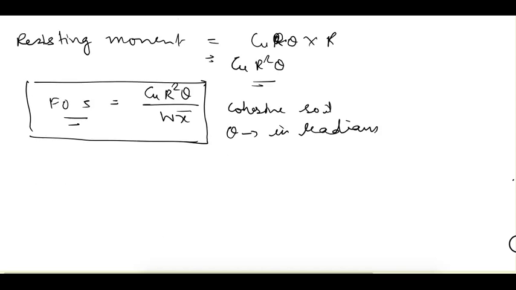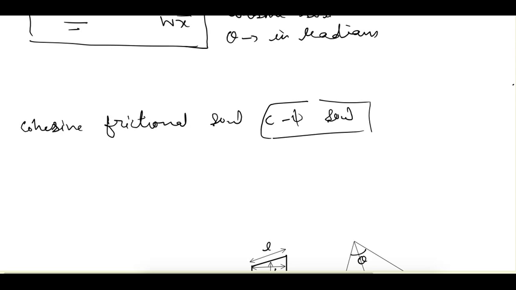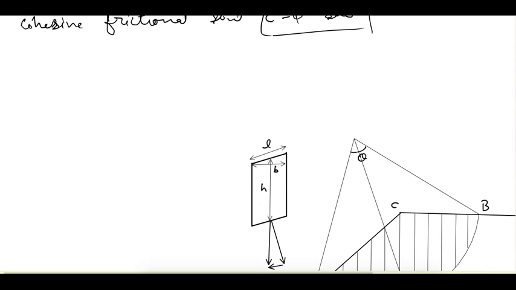Now let's see the cohesive frictional soil. So how do we check the stability in case of cohesive frictional soil? That is c-phi soil. For this we use the method of slices, or it is also called the Swedish circle method.